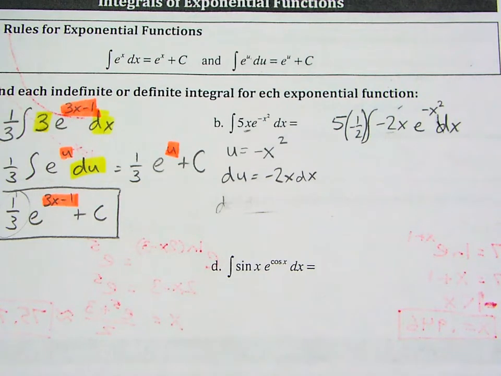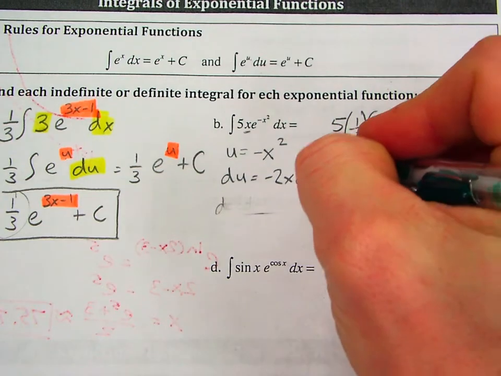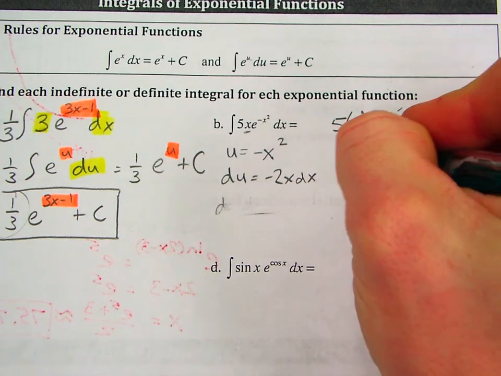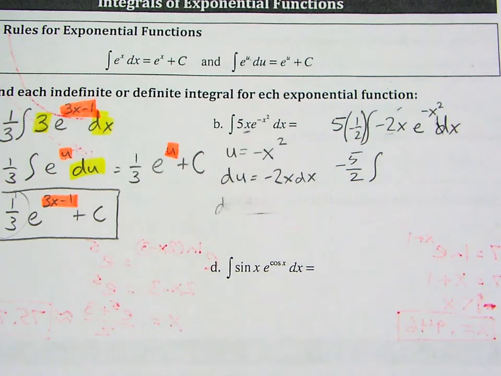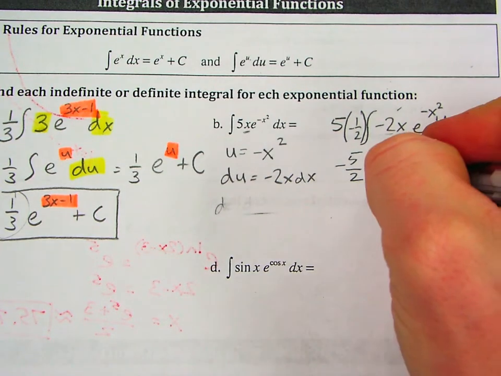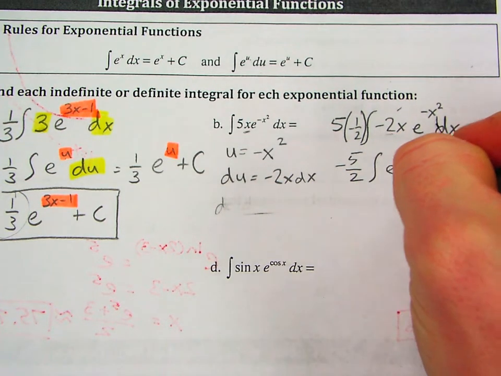So going on from here, we can just rewrite this, clean it up a little bit. We're going to substitute in u and du. So we really have e to the u, du.